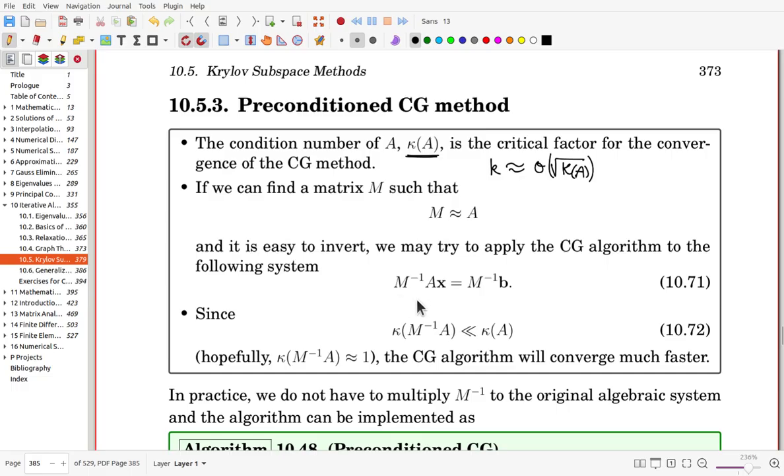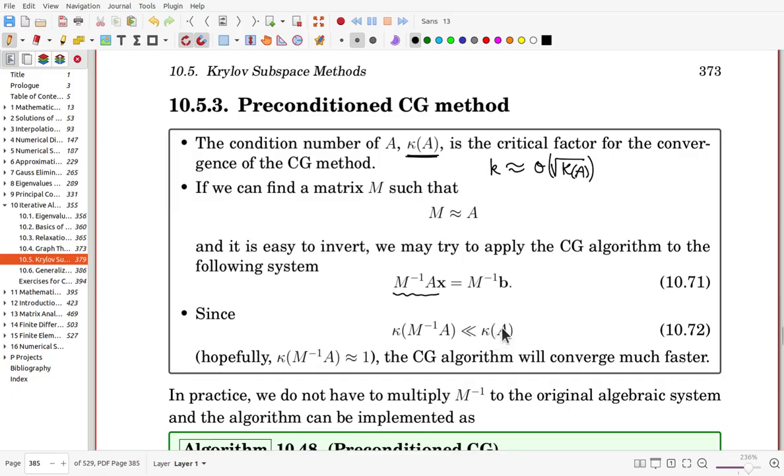Now, if M is similar to A, then M inverse A will be near the identity, so that the condition number of this matrix will be way smaller than the original condition number. If you can do that, then convergence will be much faster.